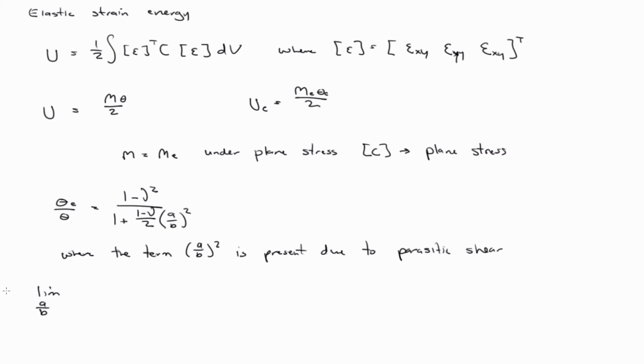If A is B, they're equal to each other, it's a perfect square, right? So if we take the limit as A over B goes to infinity of this thing, we get 0, which implies that this is equal to 0 as A over B goes to infinity.